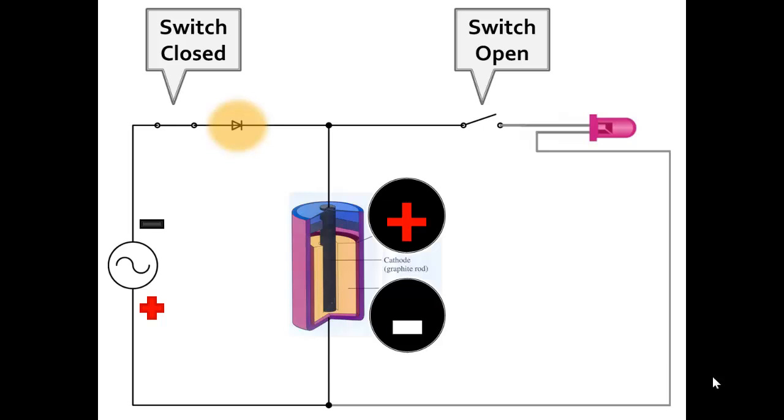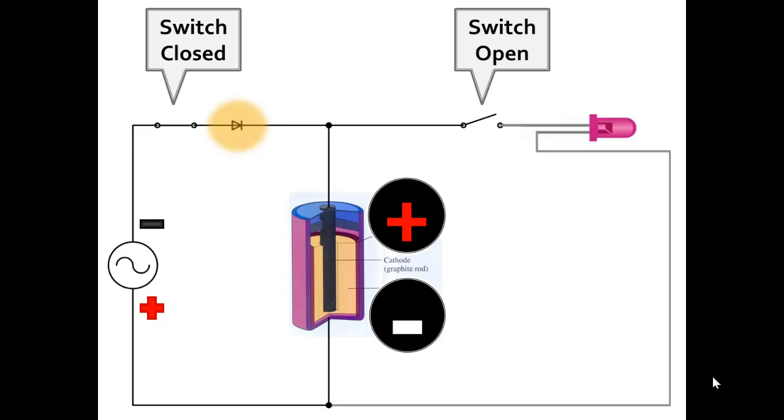So we want those positive charges on that center rod, that graphite rod. If you ran electrons in there, that would complete them and you wouldn't have any voltage to work with. So if you're going to charge up a battery, you need direct current, not alternating current. And you can get direct current from alternating current by putting in a rectifier, a diode, which will obstruct one half cycle and only allow current to flow in one direction.